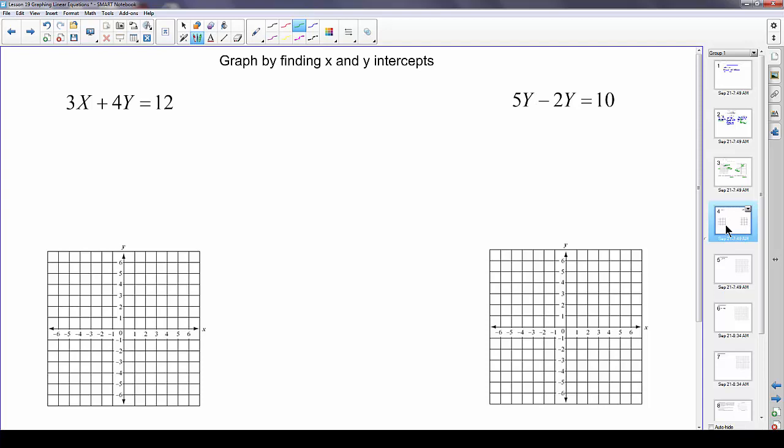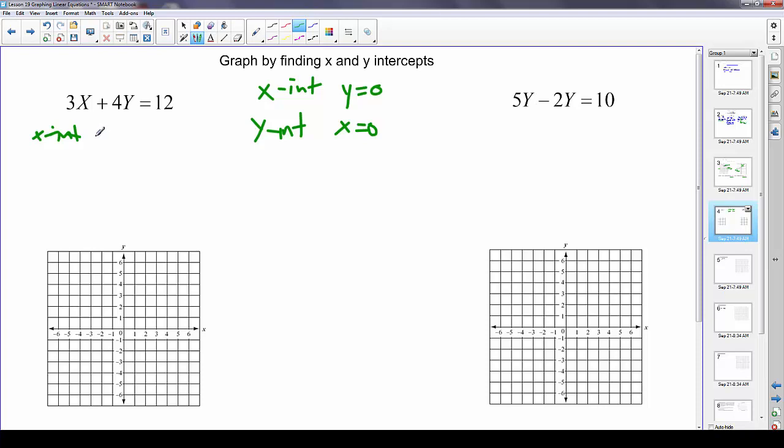So we're going to actually graph these two functions by using only x and y intercepts. And like we said before, for my x-intercept, y is equal to 0. And for your y-intercept, x is equal to 0. So let's first set y equal to 0 to get my x-intercept.